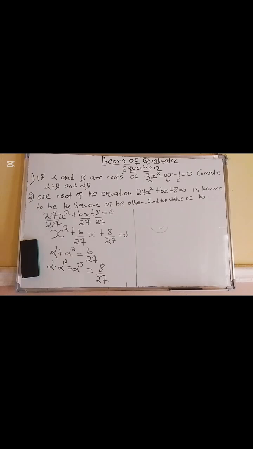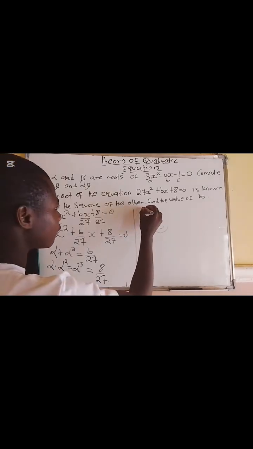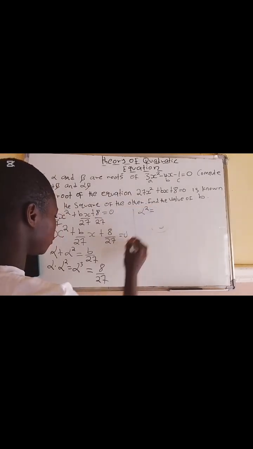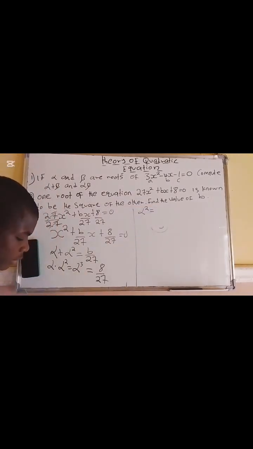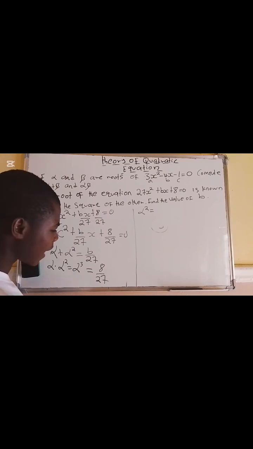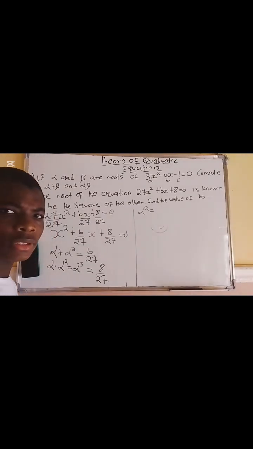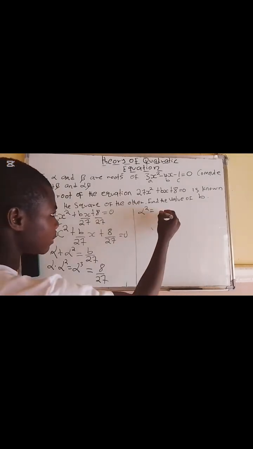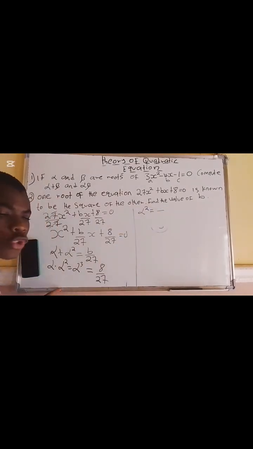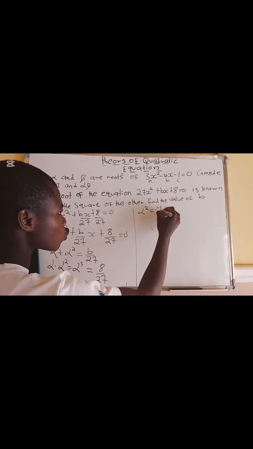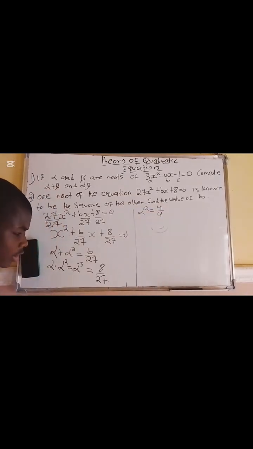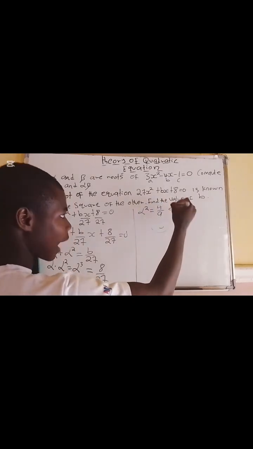So I have to first find the value of alpha and alpha squared. Alpha cubed equals 8 over 27. If I divide 27 by 3, it gives me 9, and 8 divided by 2 gives 4, so 4 over 9.